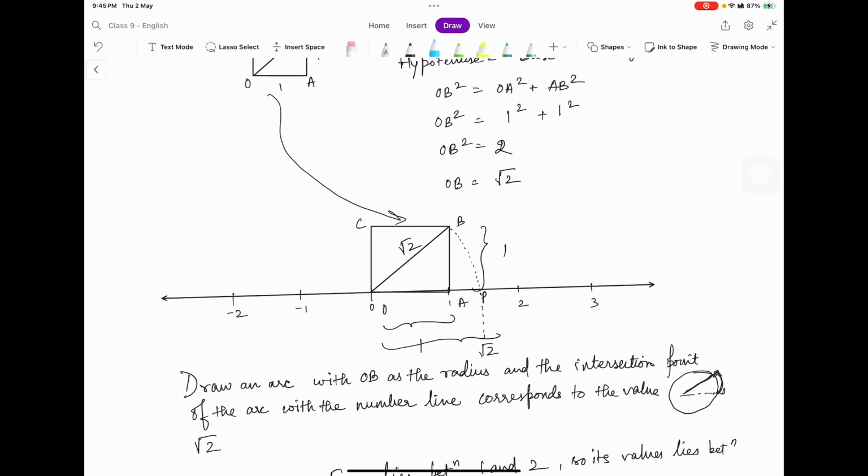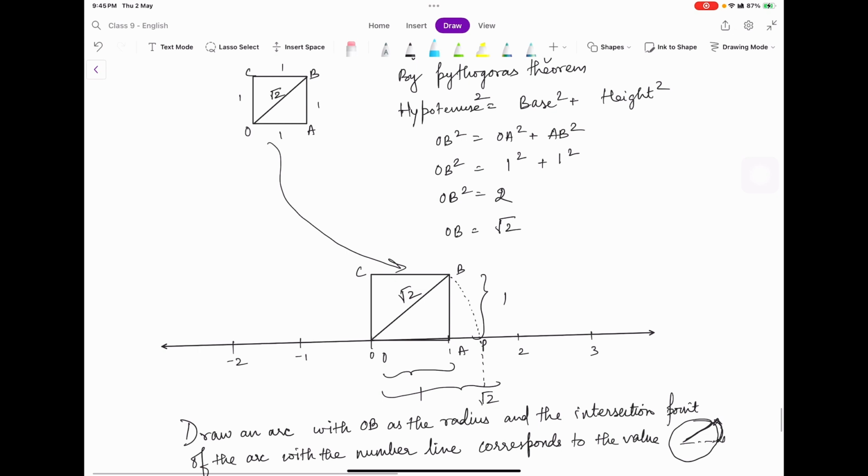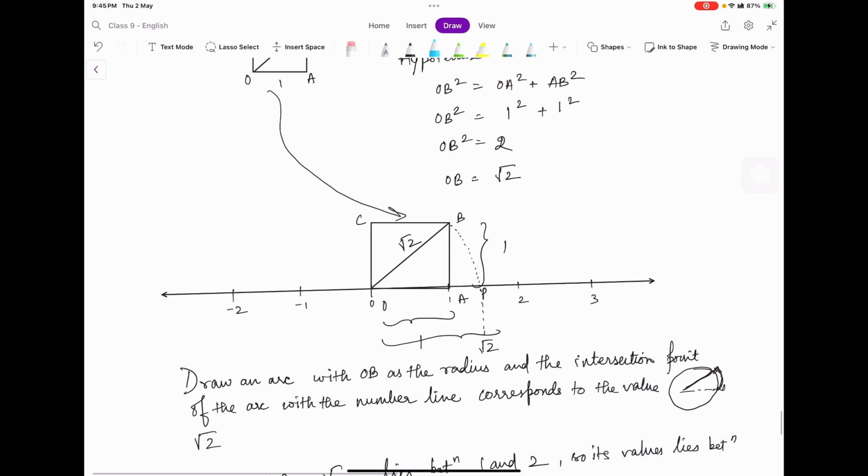Now in a number line, we plot the same square with point O as 0 and 1 as point A. You draw this, then you say that OB, the diagonal, is the value of root 2.